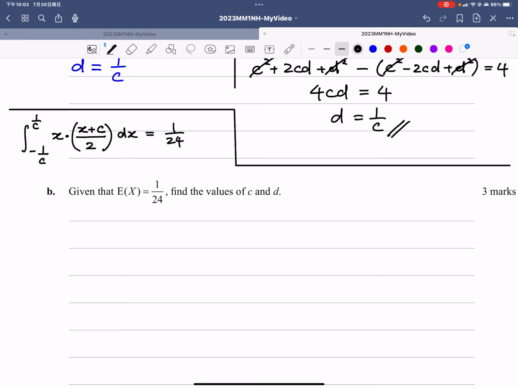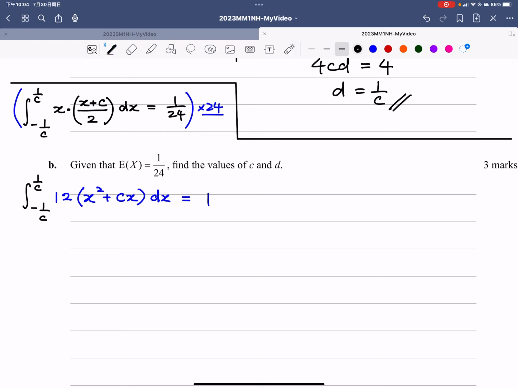So then I think I'll just get from minus 1 over c to 1 over c again. But try to multiply everything by 24 and see how we go. If I multiply 24 both sides, I'll get actually the integral of (12x squared plus 12cx) dx equals 1. Okay?